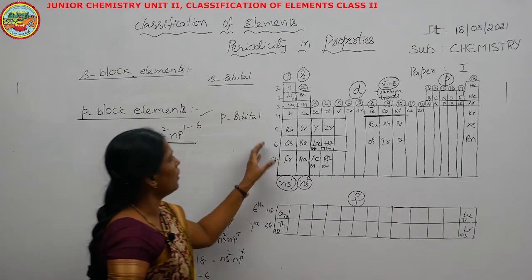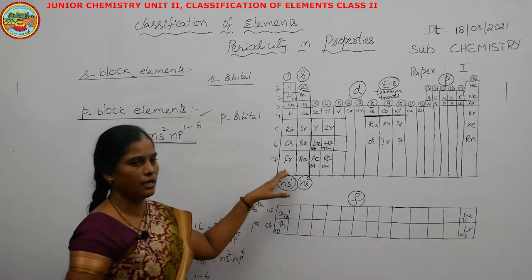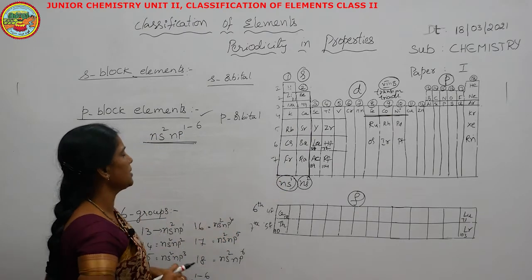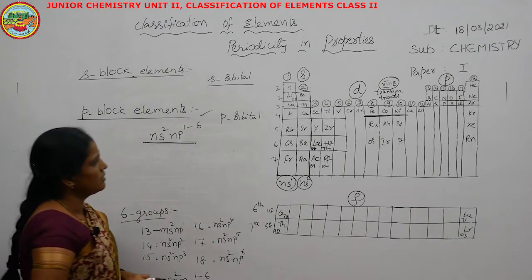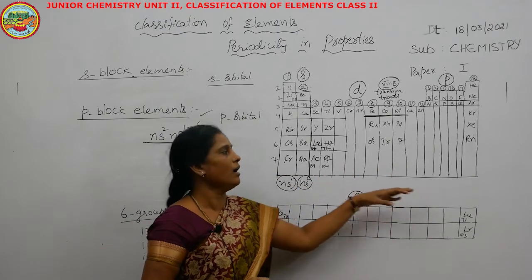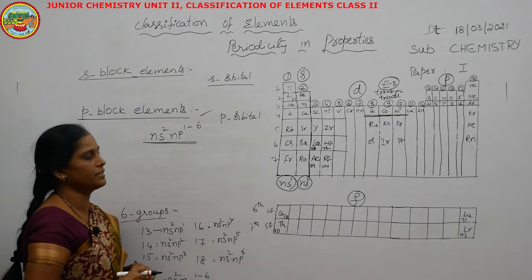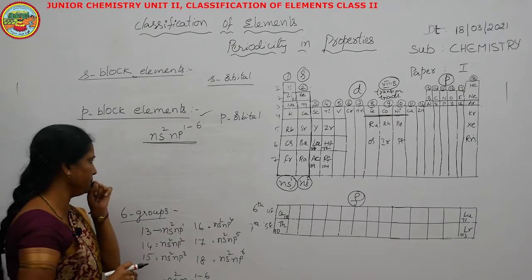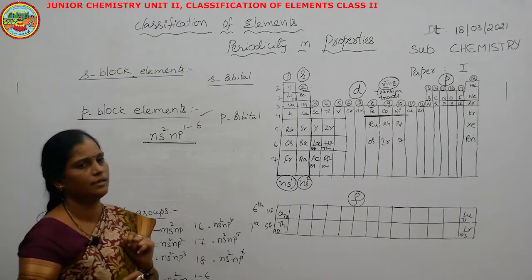In the s block, all these elements are metals. But in the case of the p block, some metals, most non-metals, and metalloids are also present. Inert gas elements are also present.